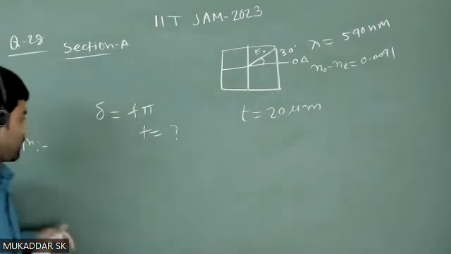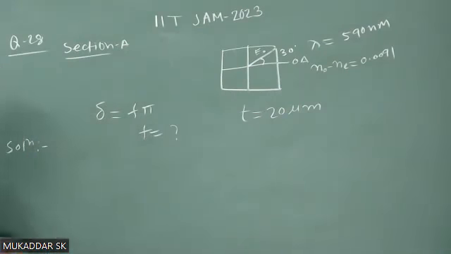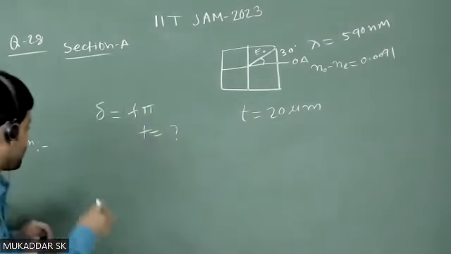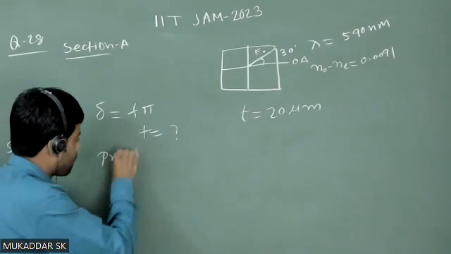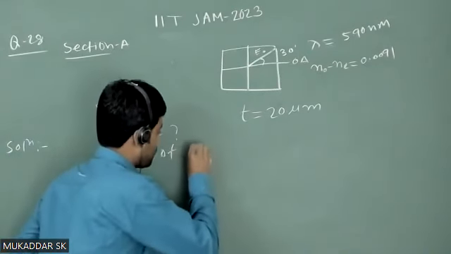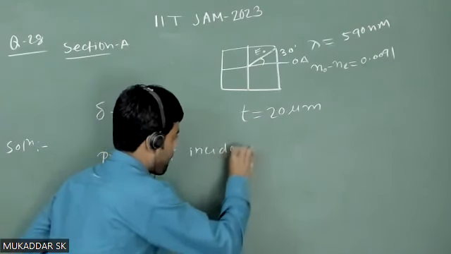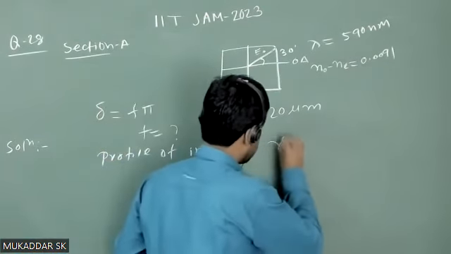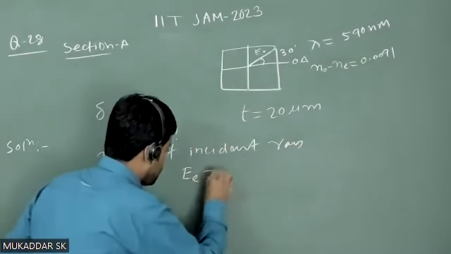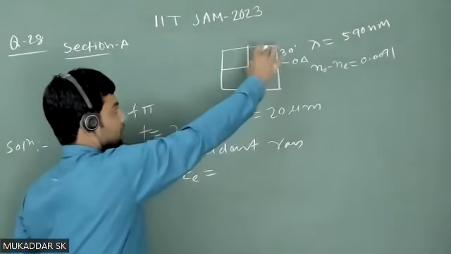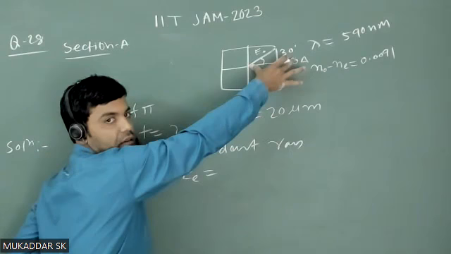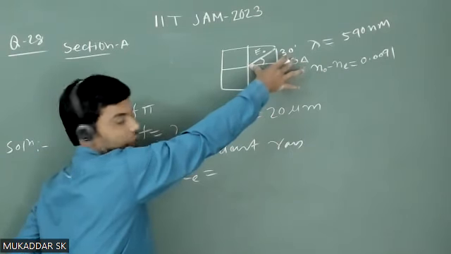So I can represent the profile of the incident ray. For E ray, the amplitude is the component of E naught along the optic axis.